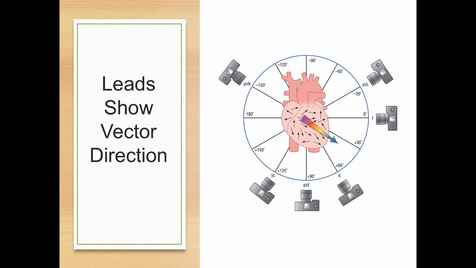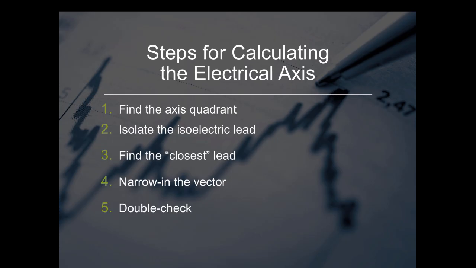But here's our two-dimensional view, and this is going to be our starting point. And I have a few steps to calculate our own axis. First thing we're going to do is find a quadrant, and we'll define that here in a few seconds. But we're going to find our quadrant in which the electricity is flowing. Then we're going to find our isoelectric lead. We're going to find the closest lead, and that's "closest" in quotation marks, closest to that isoelectric lead.